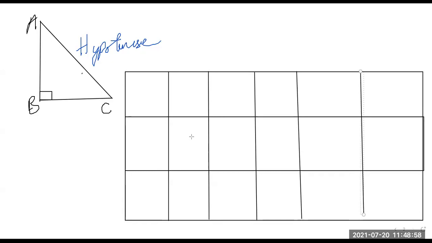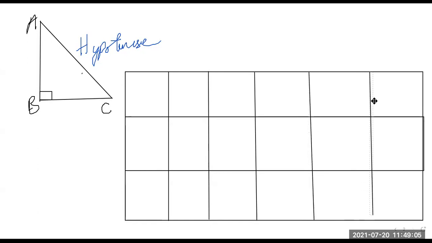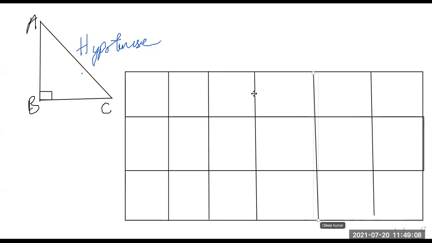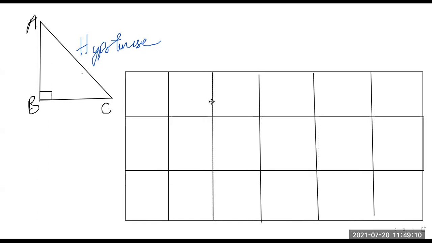Don't worry. कोई partiality नहीं है, ऐसे ही बन गया. And let me move them. Okay. So here I have made 6 columns and 3 rows.